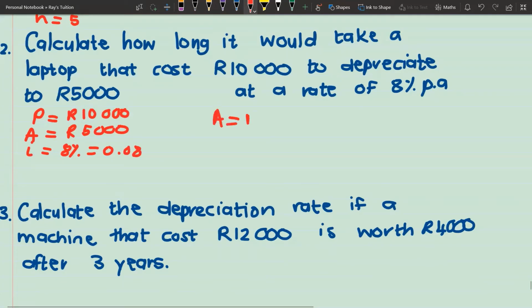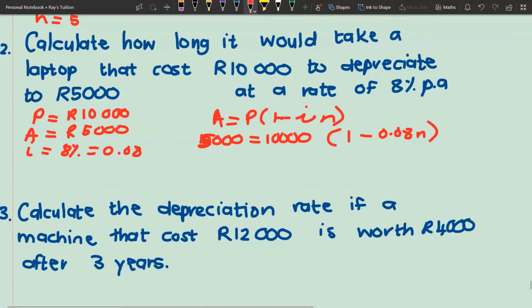So we have A is equal to P(1 minus I times N). So our A is 5,000. Our P is 10,000 times (1 minus 0.08 times N). Dividing both sides by 10,000, we get 0.5 is 1 minus 0.08 times N. Subtracting 1 on both sides, we get minus 0.5 is minus 0.08N.